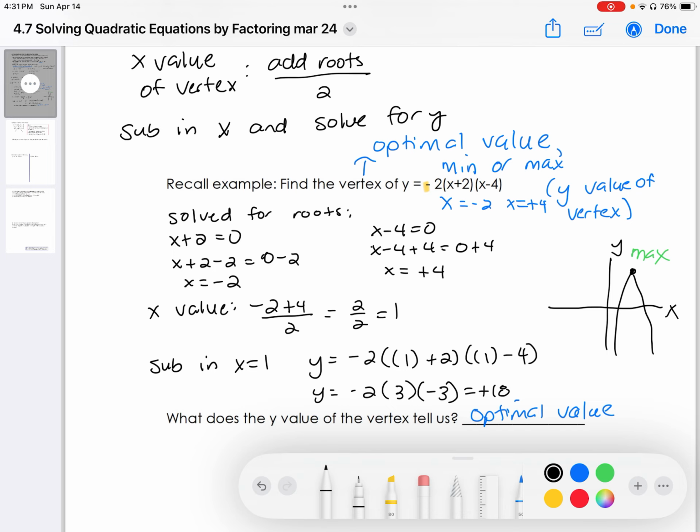So when you have the way that we write standard form for a quadratic equation, this means that this y value, whatever you write on the left-hand side or whatever you equate the equation to, is going to be what goes on the y-axis.